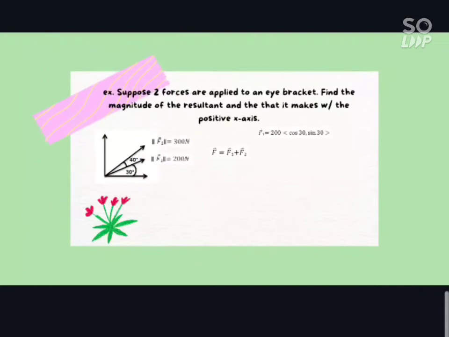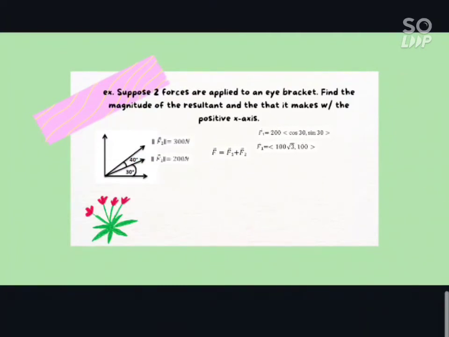This will be 200 cosine of 30 comma sine of 30. Cosine of 30 is square root of 3 over 2, so the first force is 100 root 3 comma 100.